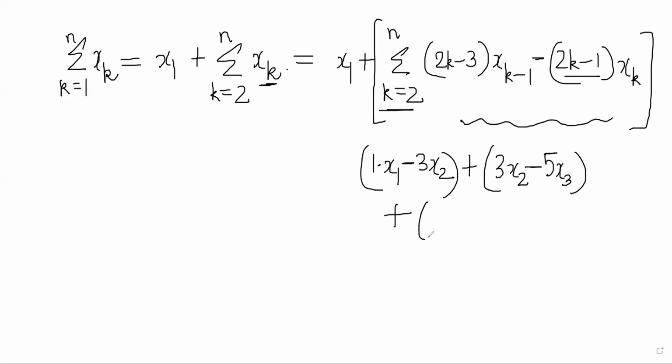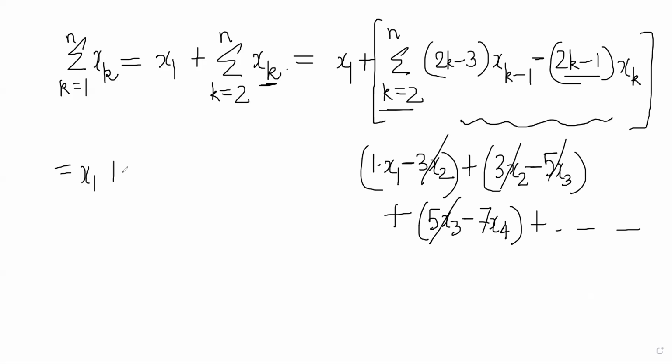And the next term would be k is equal to 4, you will get 8 minus 3, so 5x3 minus 7x4, right? So you can see easily the pattern. This is getting cancelled. This is a clear telescoping series. So once you do the sum from 2 to n, you will get basically x1 plus, inside you will get x1 minus (2n minus 1) xn.